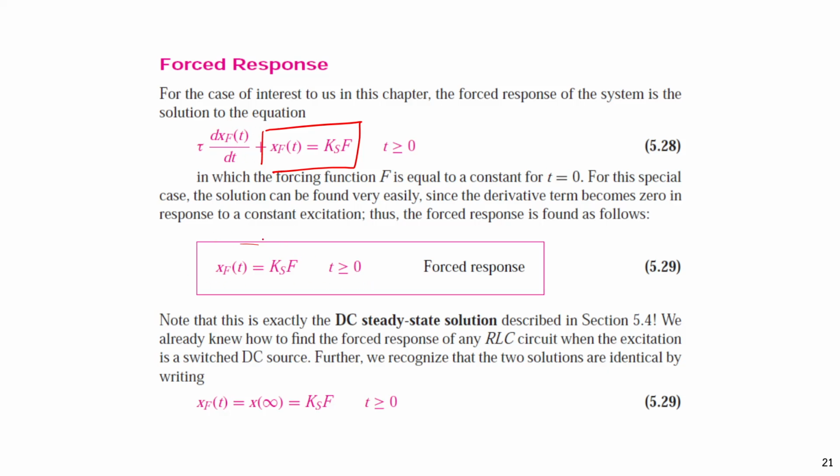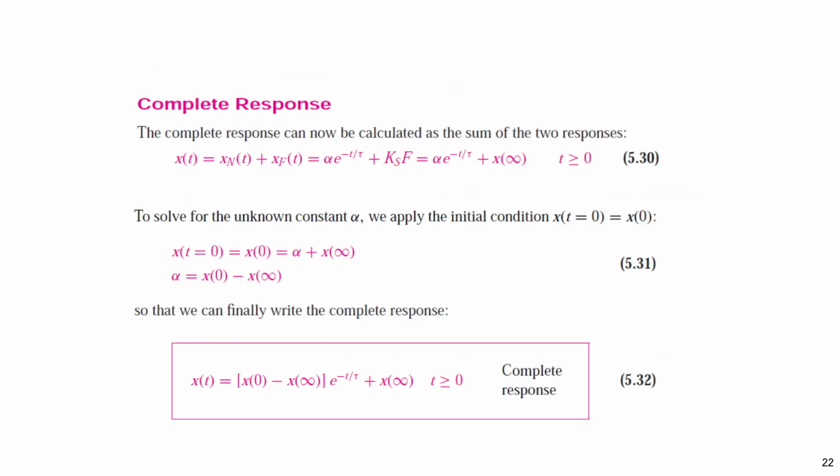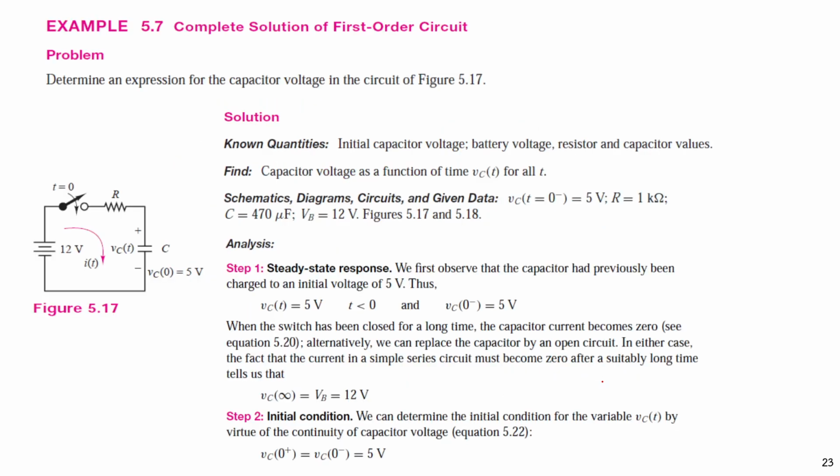What happens when there's no change? Okay, when d by dt is 0, right? Nothing changes. That's what happens for forced response. You get this. Okay, the solution will be the natural response and forced response added together. Okay, you get a complete response as the solution.